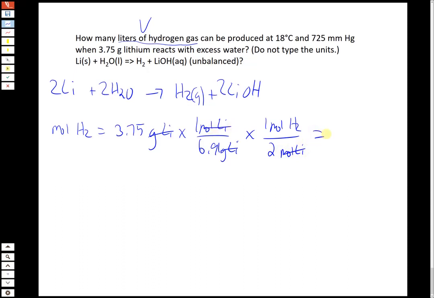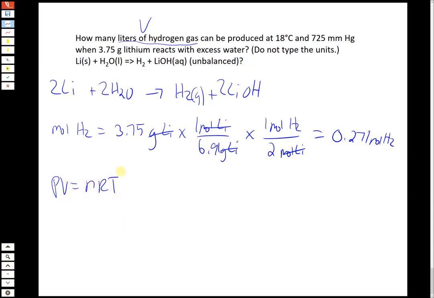So when we work this out, I got 0.271 moles of hydrogen. That's the amount of hydrogen in moles. What we're looking for is the volume, and the relationship for gases that involves volume and number of moles is PV equals nRT.